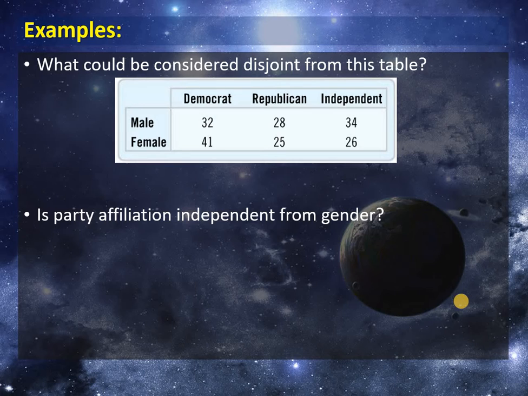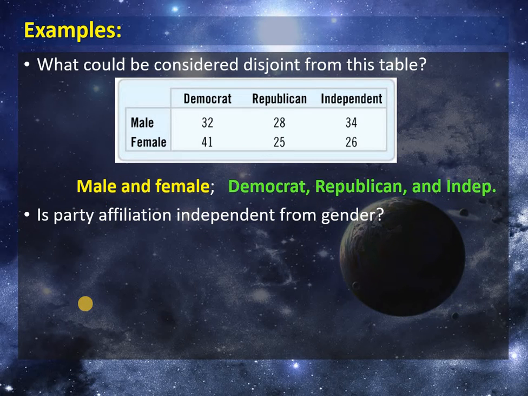Yes, you can have viewpoints that stretch over the top, but when you vote, that's what they look at. They mark you as a Democratic voter, a Republican voter, or an independent voter based on your big ticket people. And once you become a voter, you are literally on a list somewhere defined by that. What else is disjoint? Gender. Because according to this table, you are not going to be male and female at the same time.